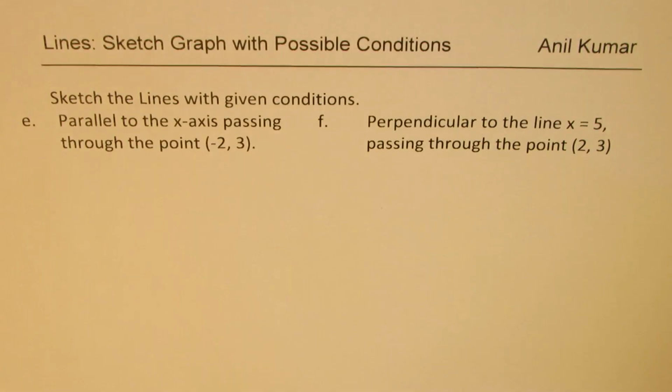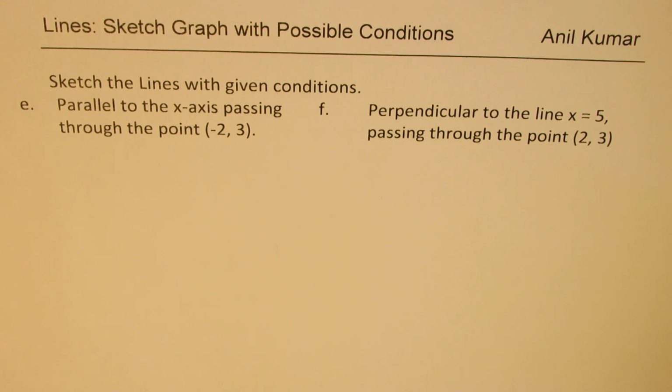Let's take the last 2 examples now. They are very typical. We are talking about lines parallel to the horizontal axis and the vertical axis. Now it is a confusing topic for many students. You try to focus and understand what we mean by perpendicular to x-axis or parallel to x-axis.